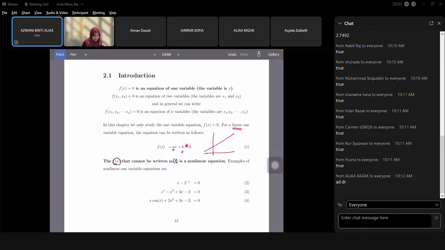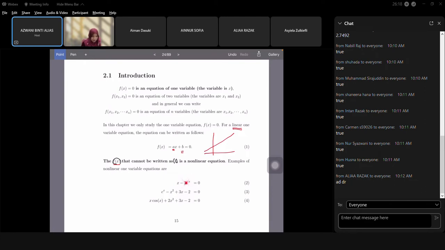Okay, selain daripada equation ni, dia panggil non-linear equation. For example of non-linear one variable equation adalah ni, x tolak 2 to the power of negative x.